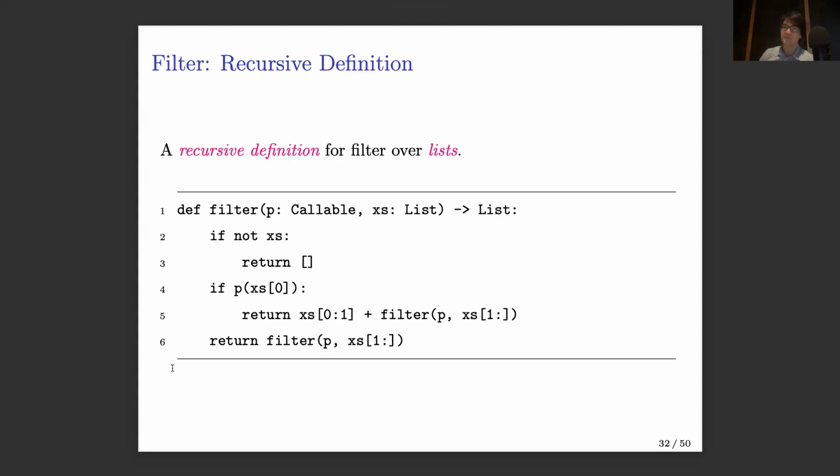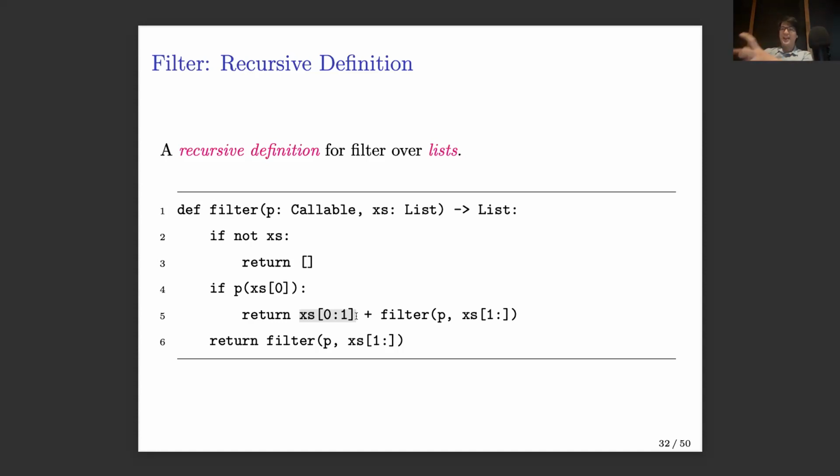Here's how filter works over lists. Again, if I want to filter over an empty list, that's just empty. Otherwise, if it is true that p(x0), the thing currently at the front of the list, triggers true, that means you want to keep it. This is just a clever way of saying, give me the first element of a list, but keep it as a list. It's the list slice from 0 to 1 exclusive. So this is going to return a list with one element in it.